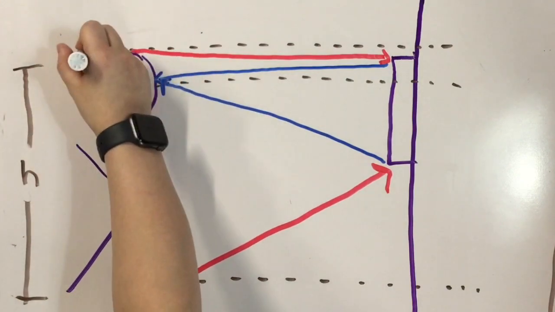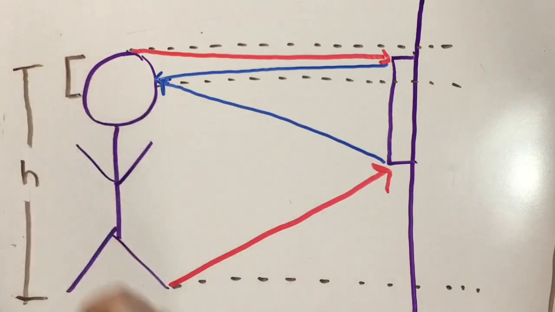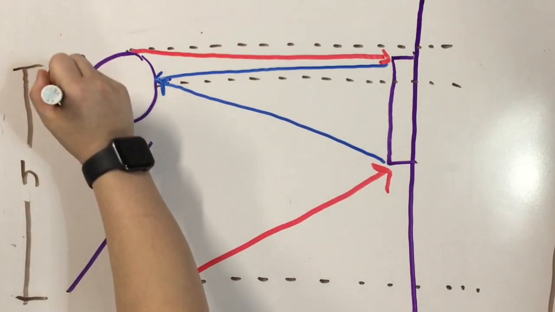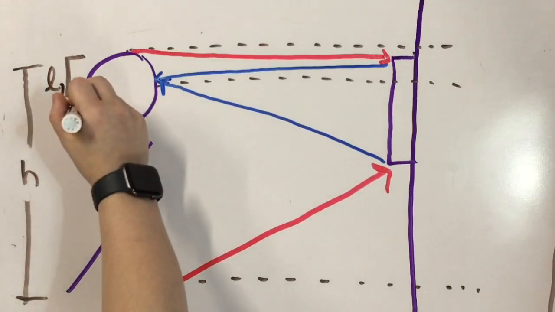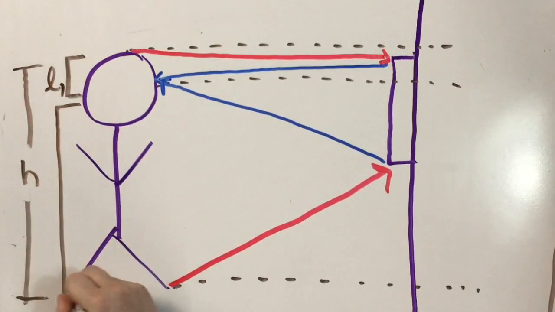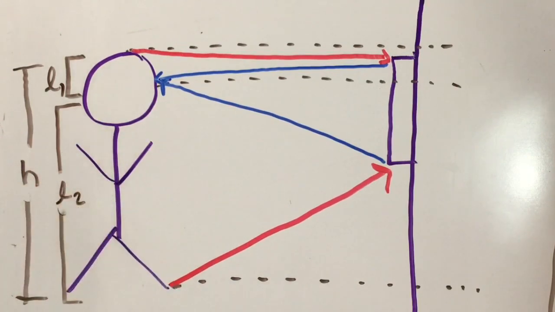Let's call this distance here, from the top of his head to his eye, L1. Then from his eye to his feet, we will call that L2.